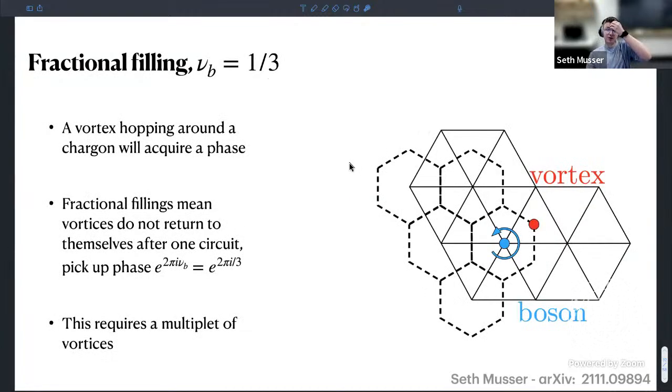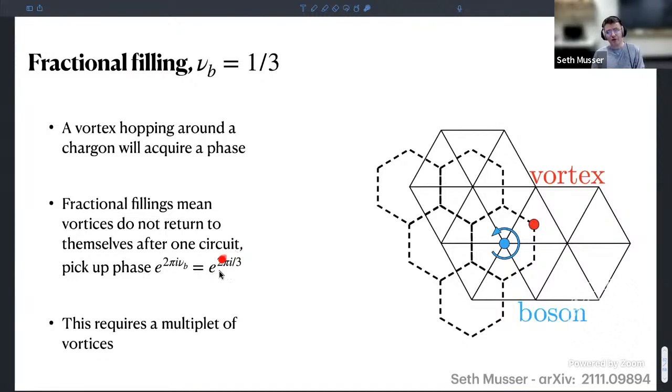And why is that? Well, it turns out that when you have a vortex which lives at the center of the triangular lattice plaquette, and so it lives at the sites of this dual hexagonal lattice, if you take a vortex around a boson, this chargon, it will acquire a phase. And so if you're in a fractional filling where you have some fractional expectation for your chargons on each site, you're going to pick up a phase that is not equal to 1, a non-trivial phase.